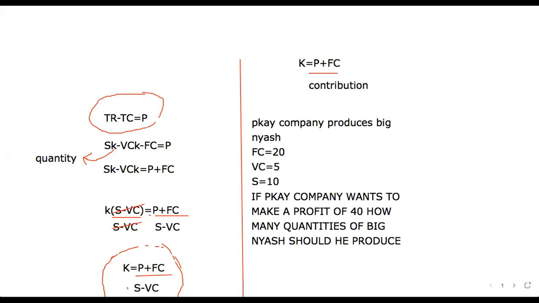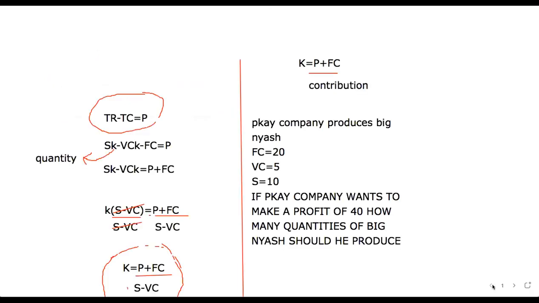We know that the quantity, which is K, is equal to profit plus fixed cost all over selling price minus variable cost. We don't know K, so K should still be there.